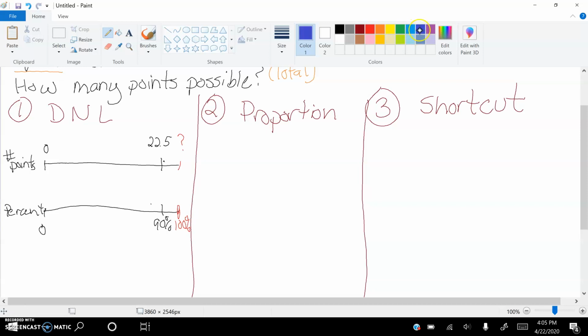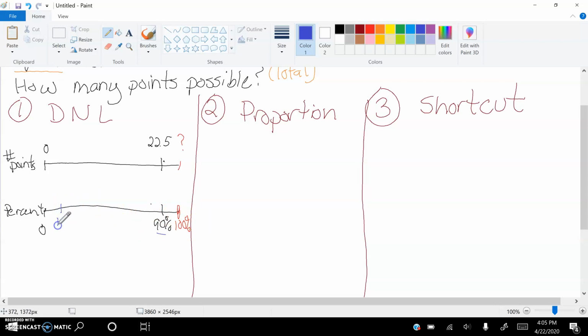What I'm noticing right away is this 90% is a multiple of 10. So if I add 10 more, that's 100%. If I figure out 10%, I can go up from there to get 100%.